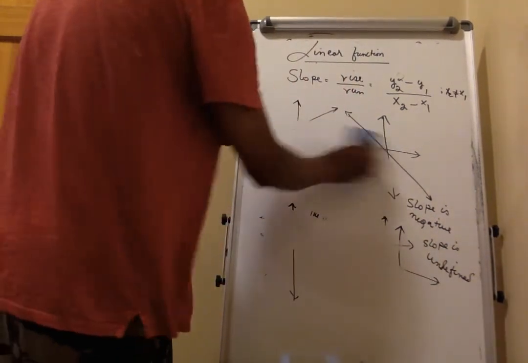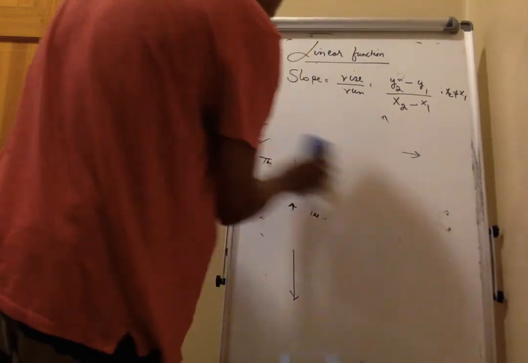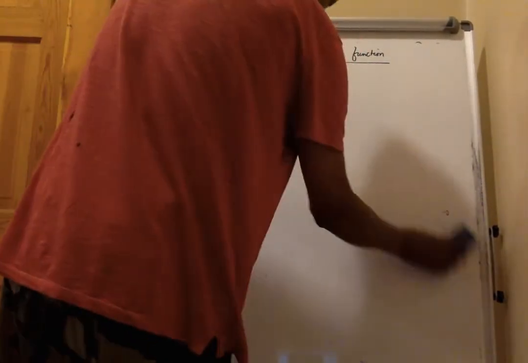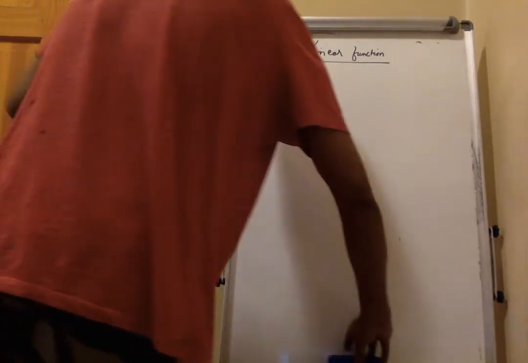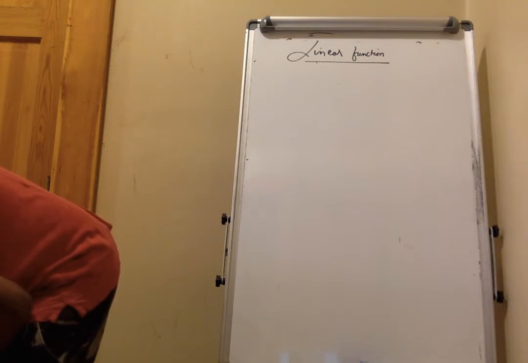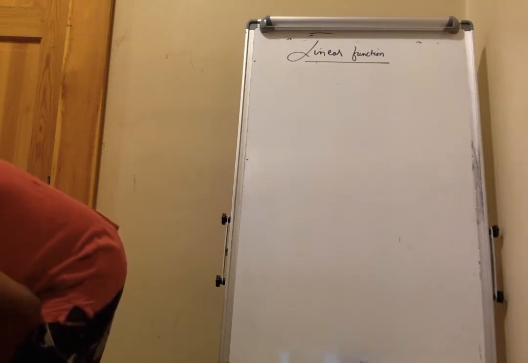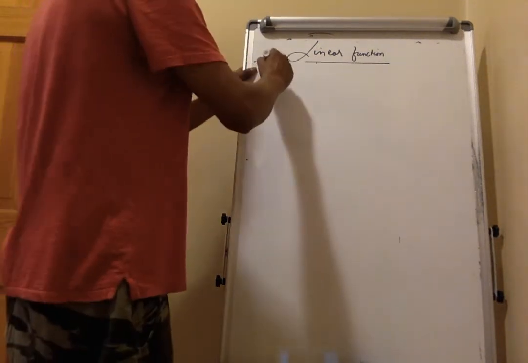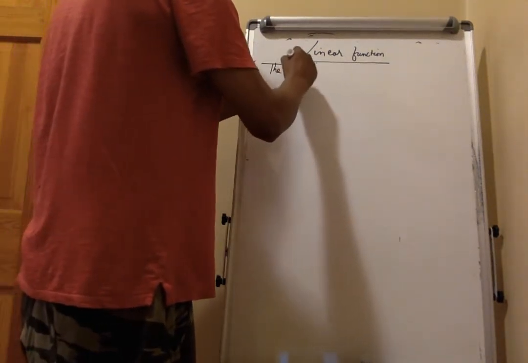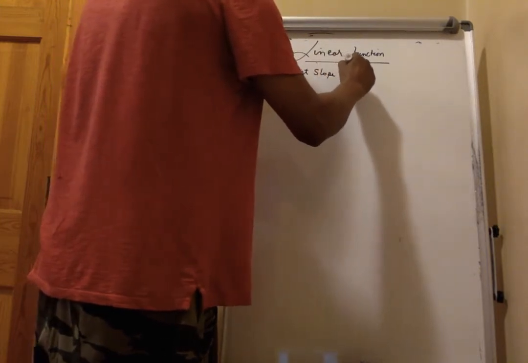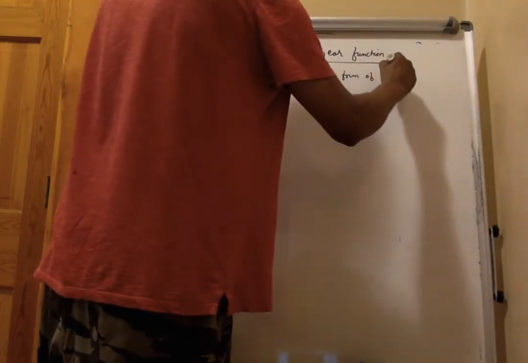There are many ways to find the slope and to graph the function once we find the slope. Okay. Let's first talk about the point slope form of linear function.